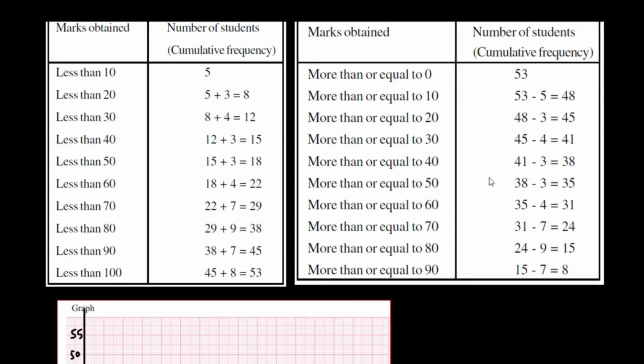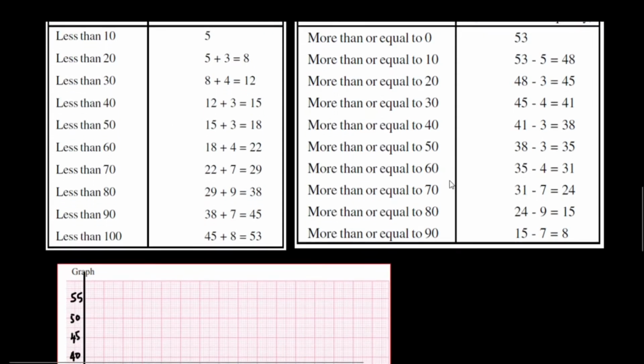Now let us draw the less than type ogive.